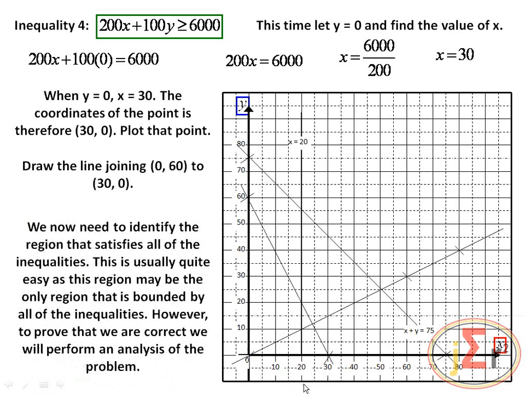We now need to identify the region that satisfies all of the inequalities. This is usually quite easy, as the region may be the only region that is bounded by all of the inequalities. However, to prove that we are correct, we will perform a simple analysis.